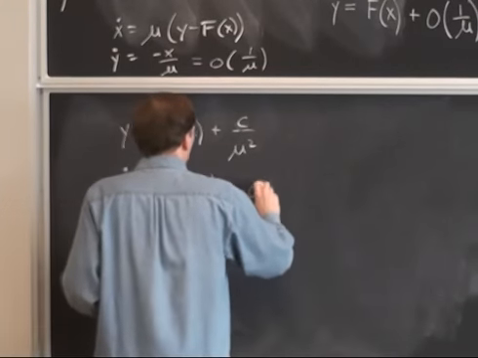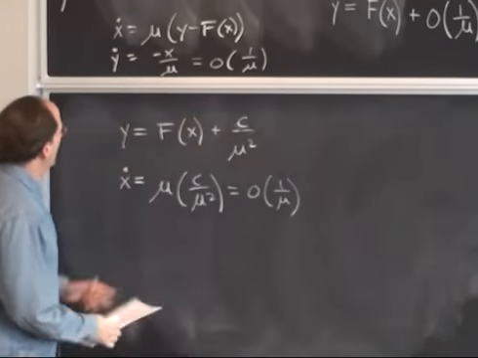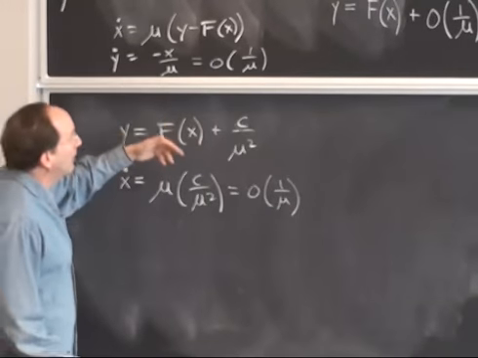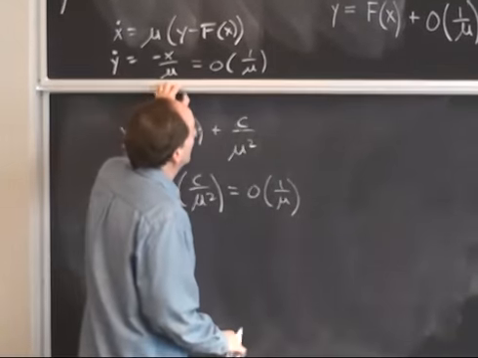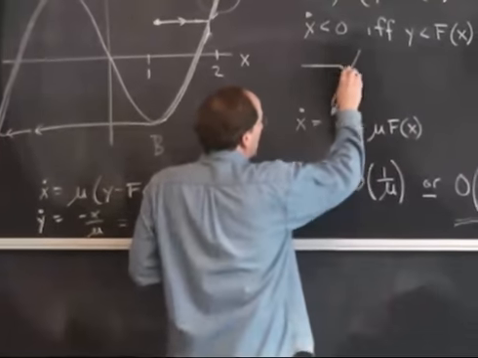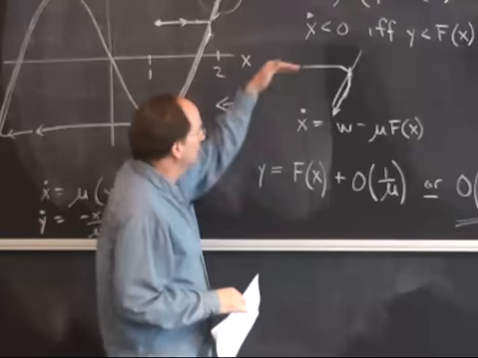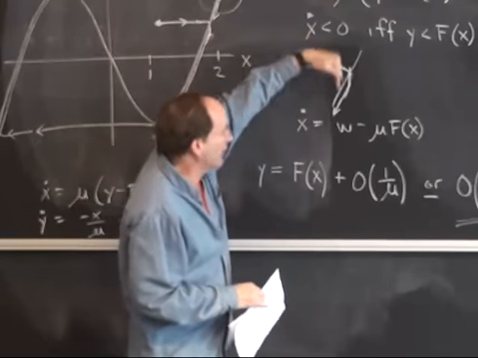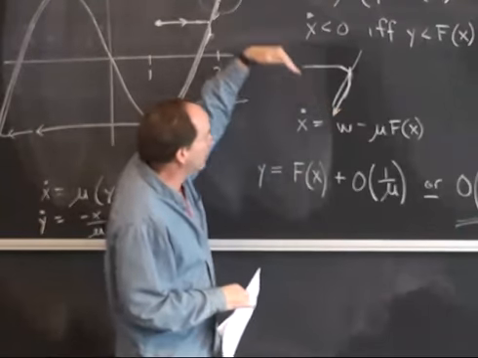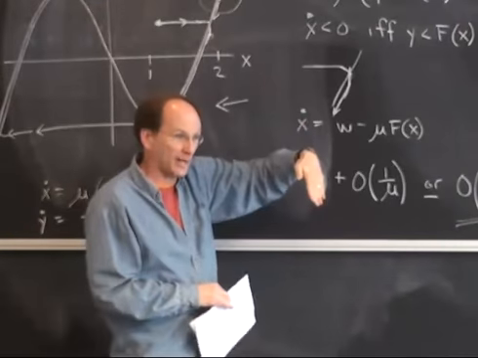This would be order 1 over mu, which would be comparable to the y dot. And that would allow us to make a transition like so, where I'm starting to move on a 45-degree angle, where I go from being horizontal to going vertical. I have to be in some place where y dot and x dot are comparable in size in order to go at an angle, right?